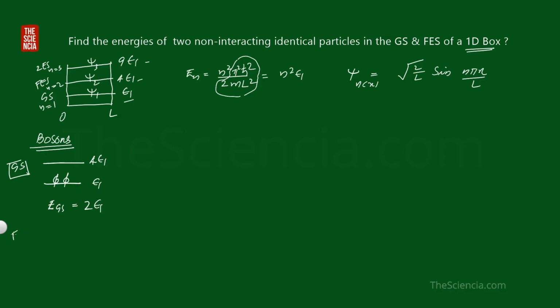Now let's consider the first excited state. So these are the two states, this is the E1 state. Okay, so here this particle is jumping to the higher energy state. So the total energy, that is the first excited energy, is equal to one of the particles in the E1 state plus the other in the 4E1 state, that is E1 plus 4E1, that is 5E1.